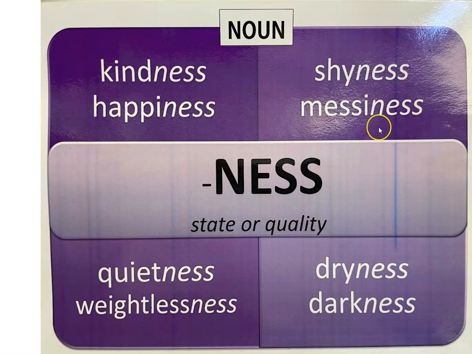Messiness is a thing. Quietness is a thing. Darkness is a thing. Dark, something can be dark. That's an adjective. Darkness is the thing. These will make abstract nouns. We looked at that in our noun unit. And so be aware that when you see ness, you most likely have some type of abstract noun in front of you.